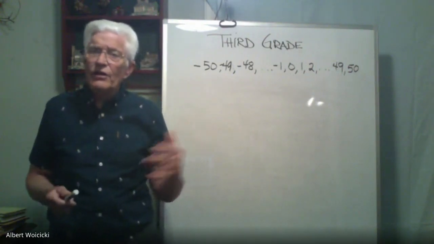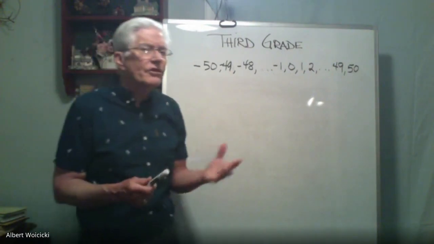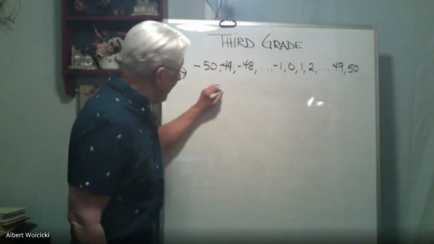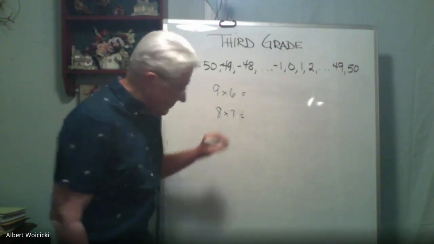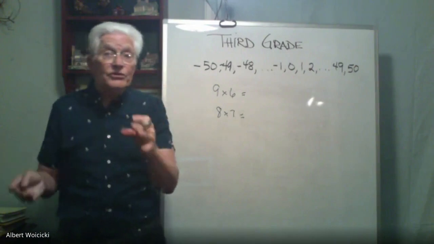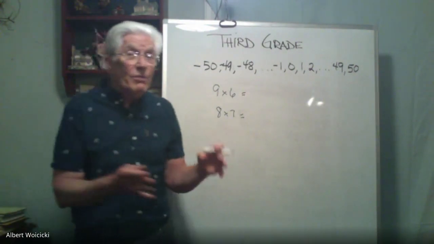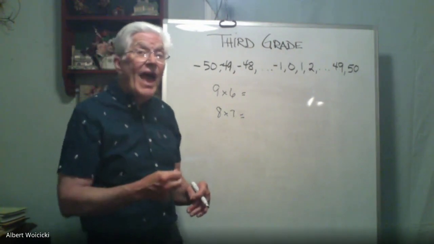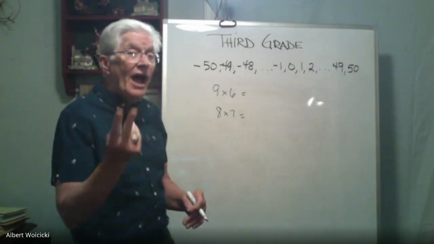So let's take a look at two that bother most of the kids that come into high school that I've seen that have math troubles: 9 times 6 and 8 times 7. Now, if they've been taught the rules of divisibility, they know that if a number is multiplied by 9, the digits have to add up to a number that can be divided by 9.